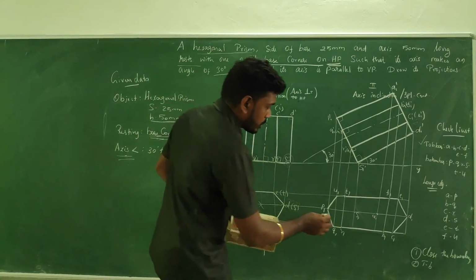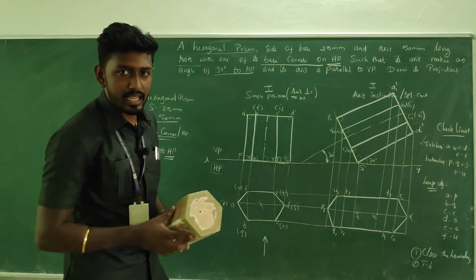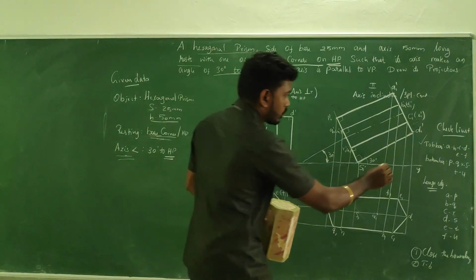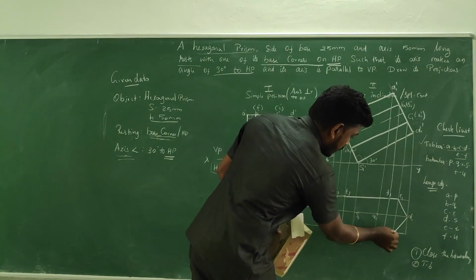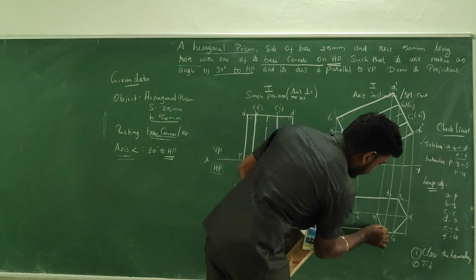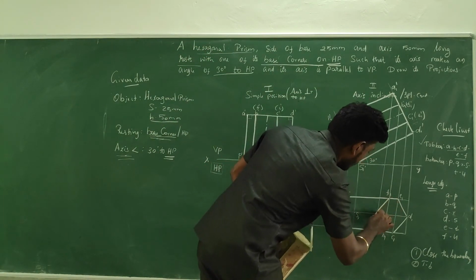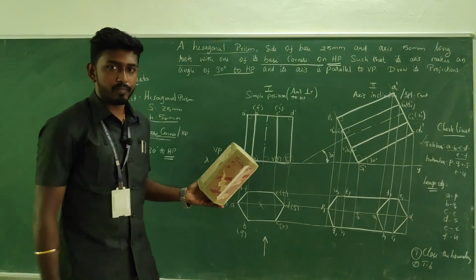What I am going to do is connect A, B, C, D, E and F as a dark line. The top base will always be visible. Here some partial portions have already been done. So A to B should be a dark line, as well as A to F, since the top base is visible from the top.